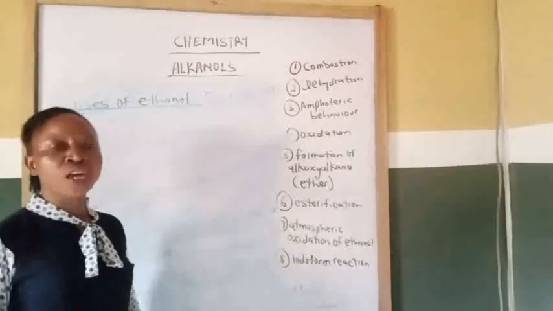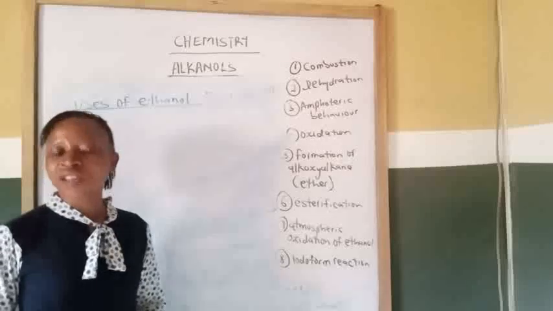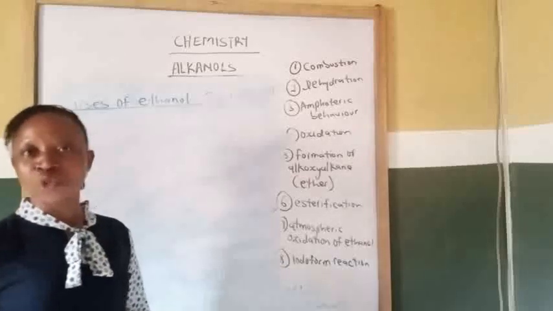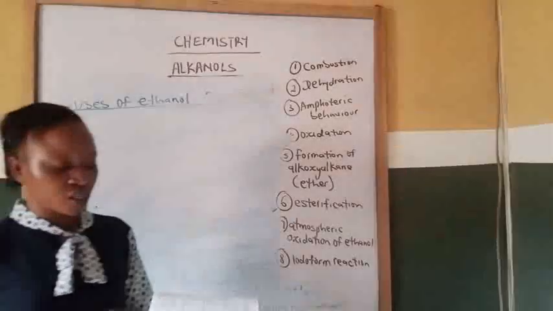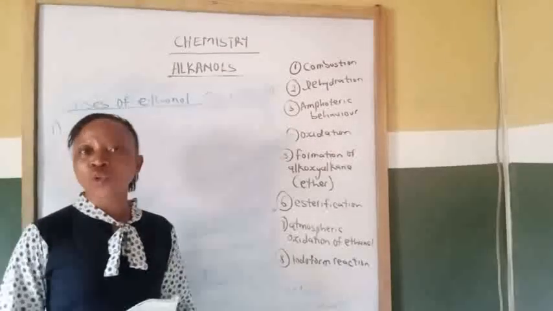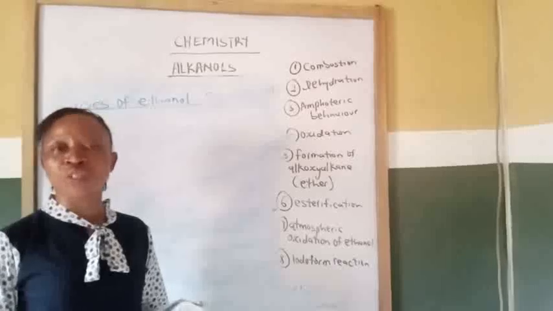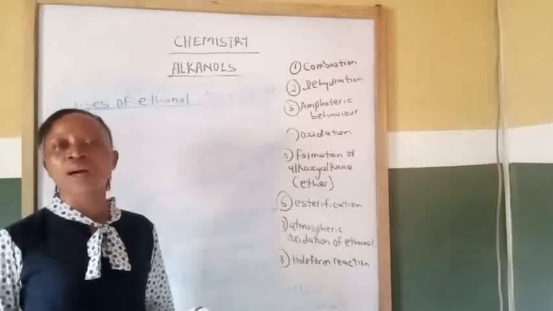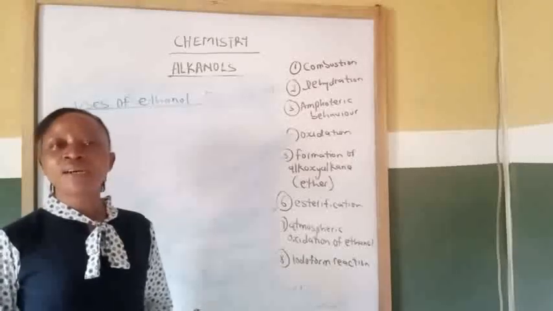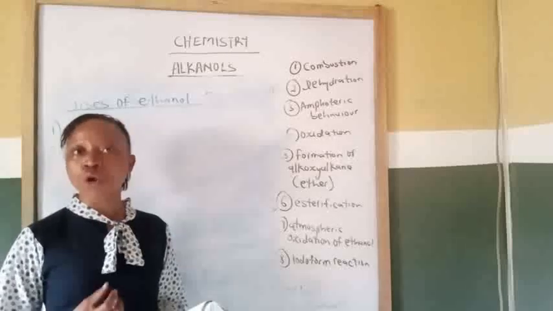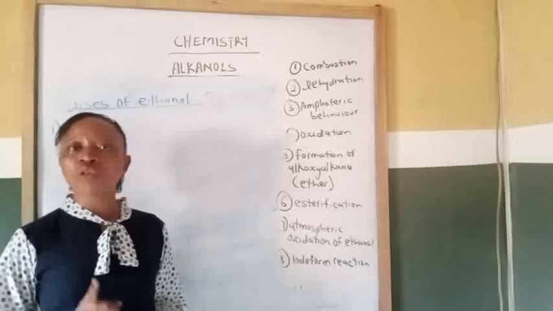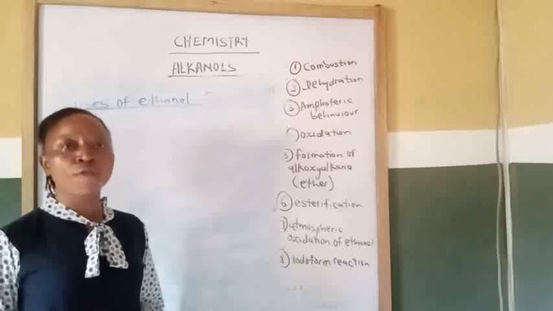It can be used in preservation of food because ethanol is a hypertonic solution. When we relate it to biology, what is the function of a hypertonic solution? It withdraws water from a cell. Any microorganism can only survive in the presence of water.